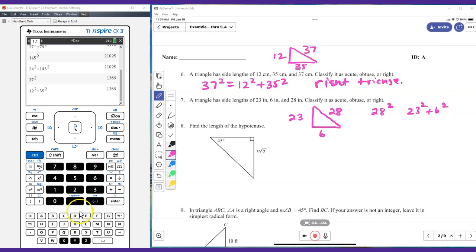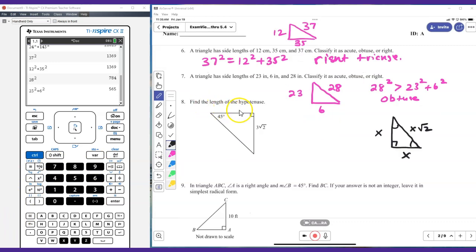Is it greater than or less than? So let's go to the calculator. We have 28 squared, enter. We have 23 squared plus 6 squared. And 784 is larger than 23 squared plus 6 squared, so this is an obtuse triangle.